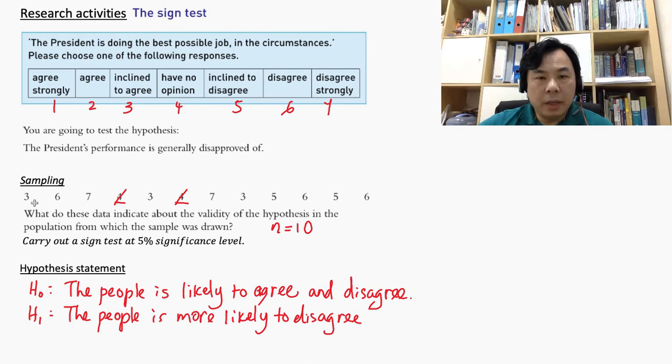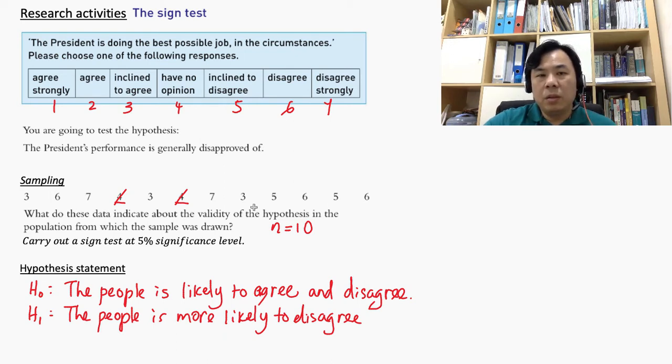Just at a glance, we notice that there are one, two, three respondents that would sort of agree that the president is doing the best possible job, and the rest would disagree.